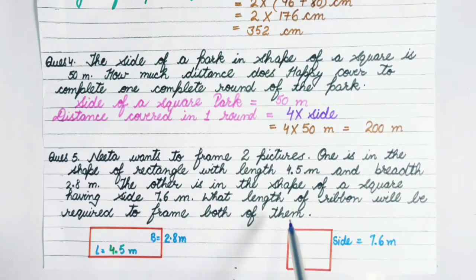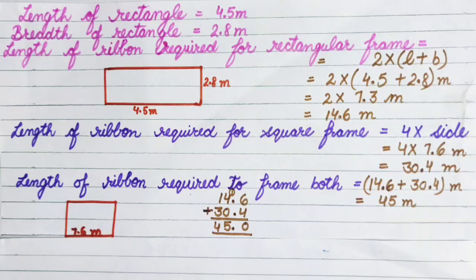If you observe the frame of the pictures, students, that will be on the boundary so that the picture can look beautiful. And if we are talking about the boundary, it means we have to find out the perimeter of both the pictures. Clear?